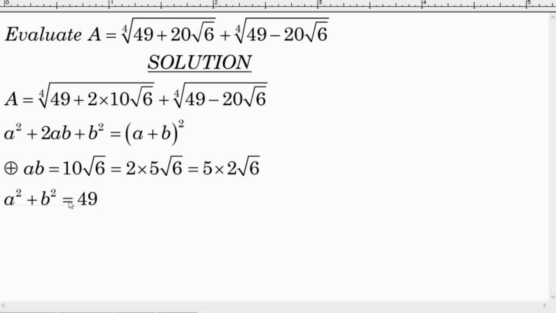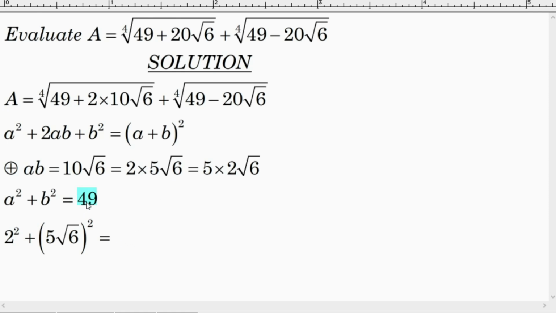Let's say we take a equal to 2, so that means 2 square, plus b square, where b is 5 square root of 6. If it is equal to 49, then a equal to 2 and b equal to 5 square root of 6 is correct.